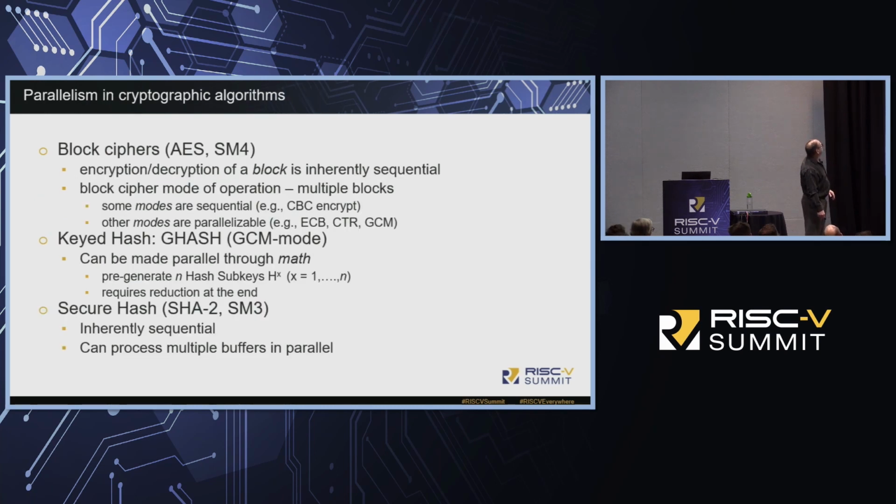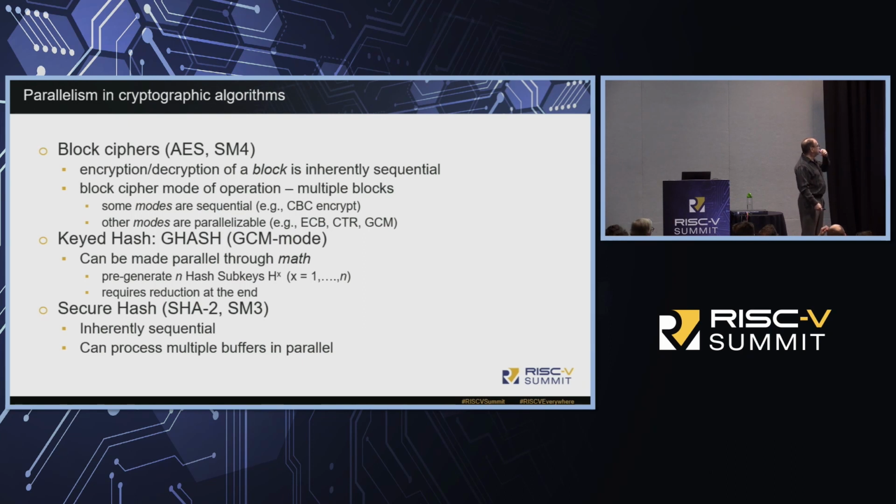Okay, so the cryptographic algorithms have some innate parallelism in them. So encryption or decryption of a single block, all the rounds that I was talking about, that's inherently sequential, but there are different modes of operation, how you're dealing with multiple blocks.